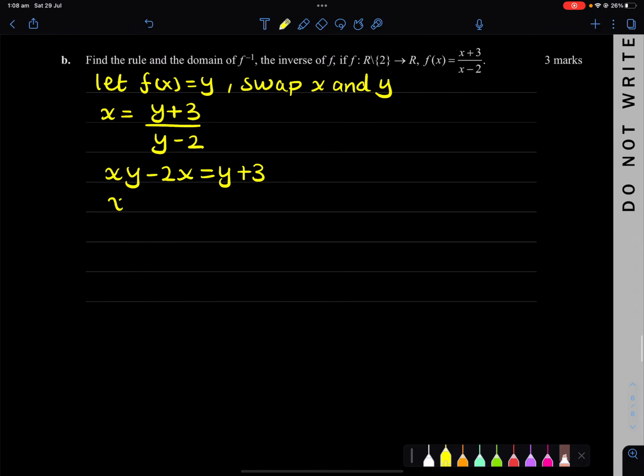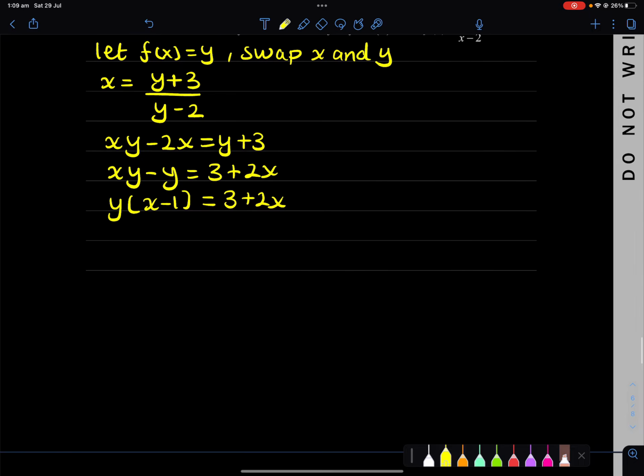We get both y's on one side, so this will be 3 plus 2x. Collect a common factor of y, so y times (x minus 1) is 3 plus 2x. y is therefore 3 plus 2x all over x minus 1.